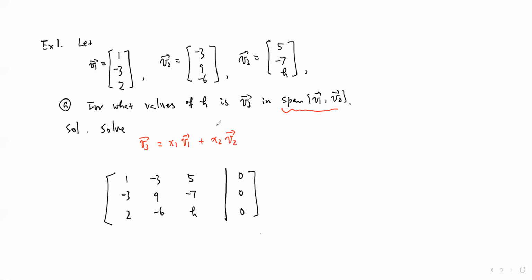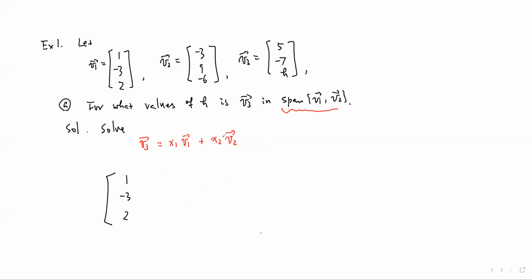Okay. This vector equation is a linear system. The coefficient of x1 is v1, so I put v1.